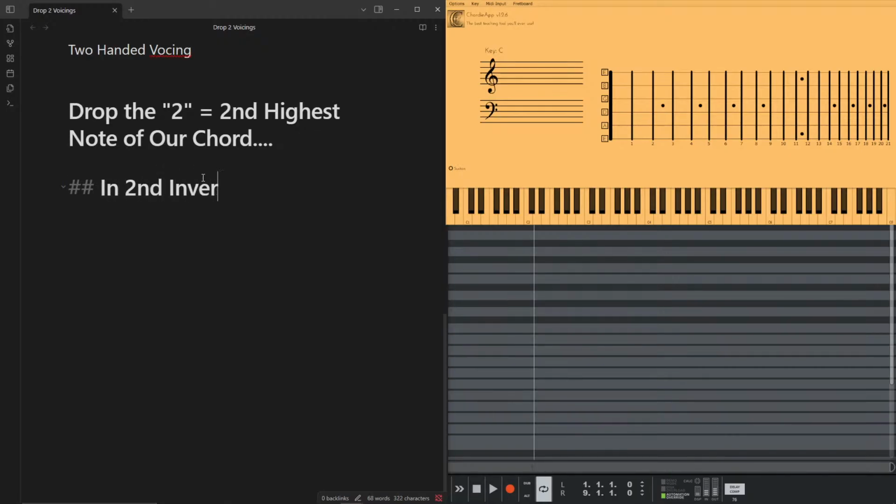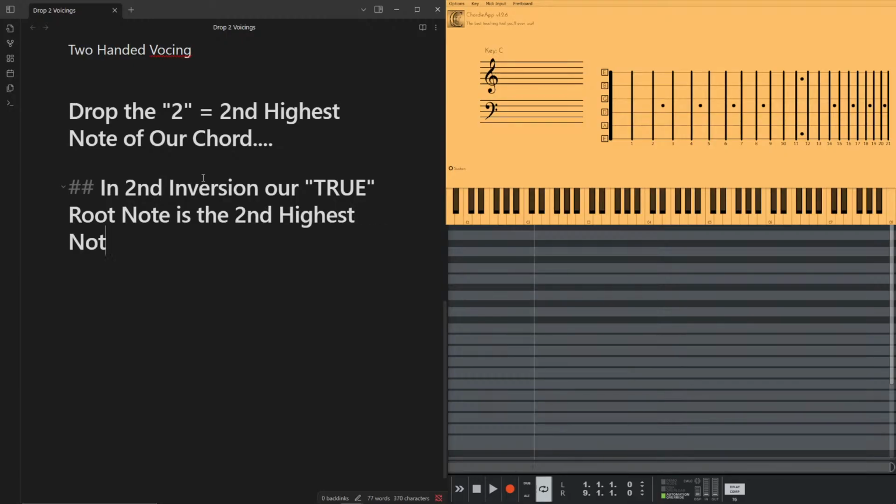And second inversion, our true root note is the second highest note of our right hand chord.